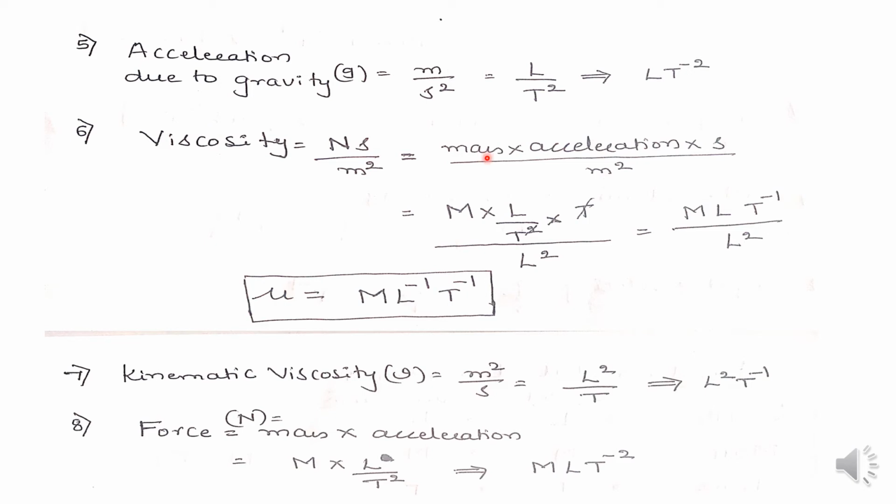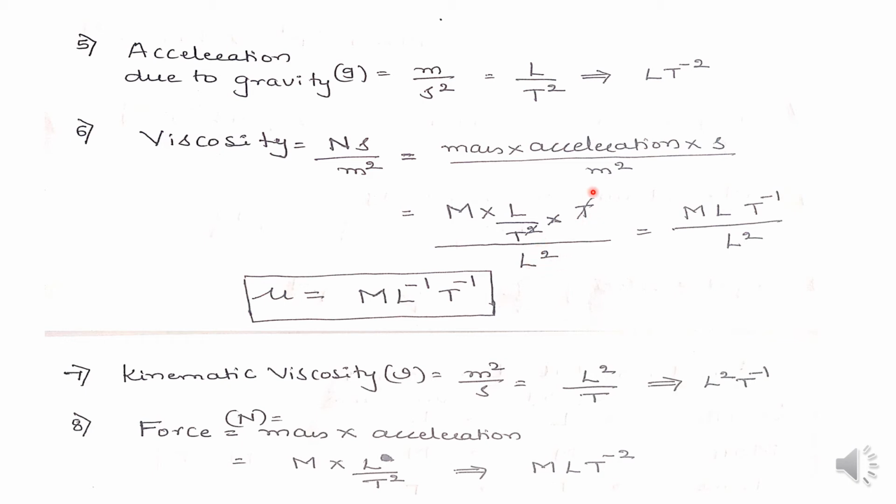Now M is the fundamental dimension for mass, which is measured in kg, and the unit of acceleration is meter per square seconds. So the same we have written here: meter measured in terms of length L divided by square seconds, t square. Second I have replaced by t, divided by L square. This t gets cancelled.